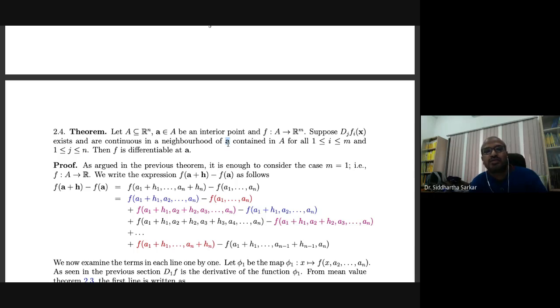So I should be able to make sense of dj fi of x in some kind of open box around A. Instead of a ball, I can always inscribe a box inside a ball. That way, I can talk of a suitable neighborhood where the partial derivative function exists and is continuous.